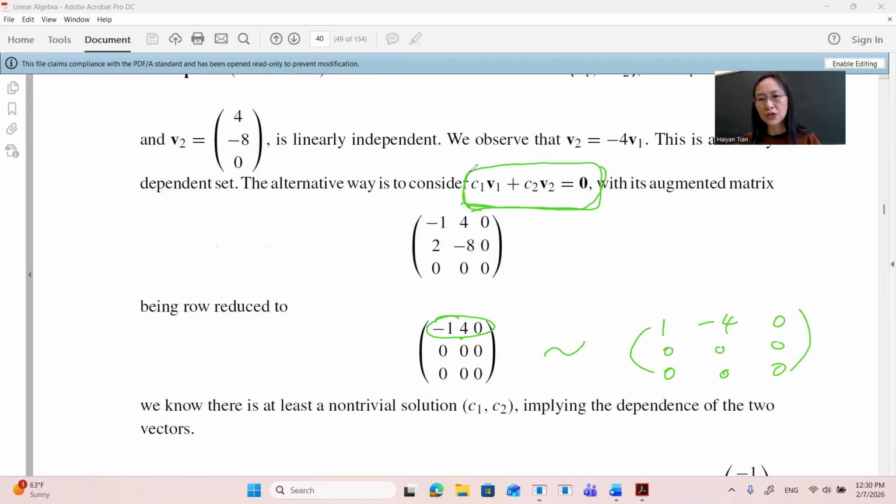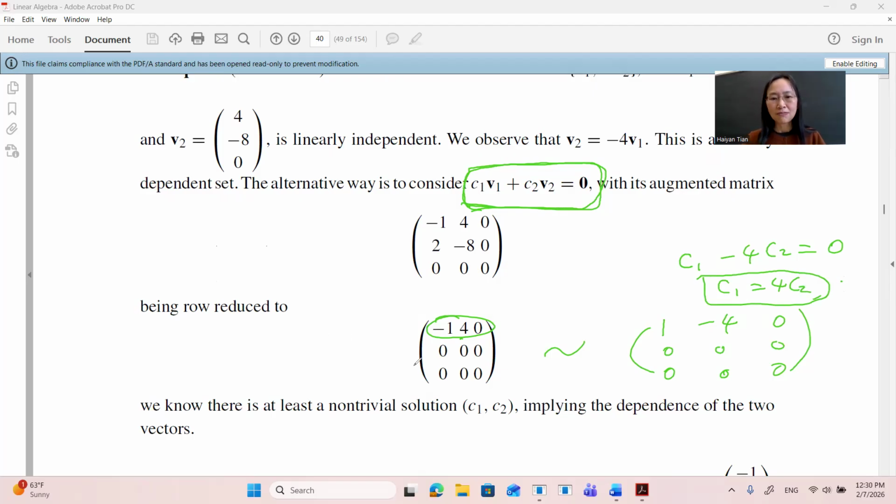If you're solving this homogeneous system, then that means C1 minus 4 C2 is 0. So C2 can be anything. C2 is a free variable. So that means C1 is 4 C2, and C2 is free.